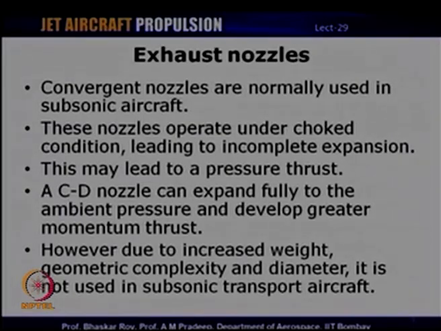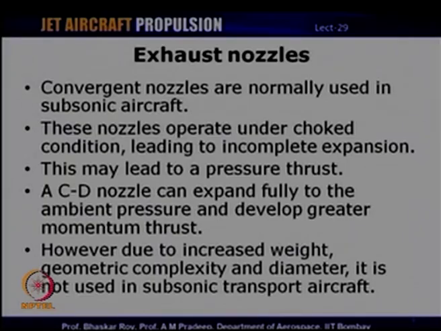This is a limitation of a convergent nozzle. Now, if you use a convergent-divergent nozzle, then one can actually achieve full expansion at the exit of the CD nozzle, and CD nozzles can also be designed to develop greater momentum thrust, which means that if one were to use a CD nozzle in a subsonic aircraft, one can theoretically achieve better performance.